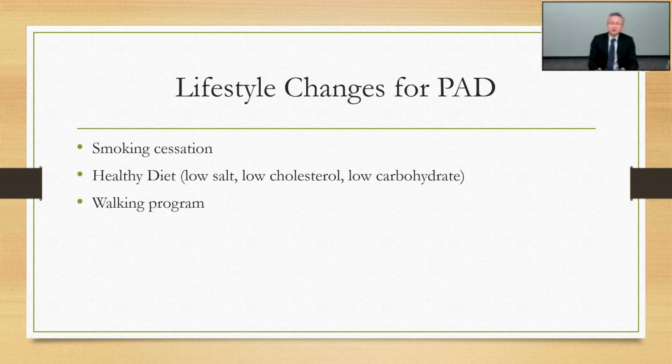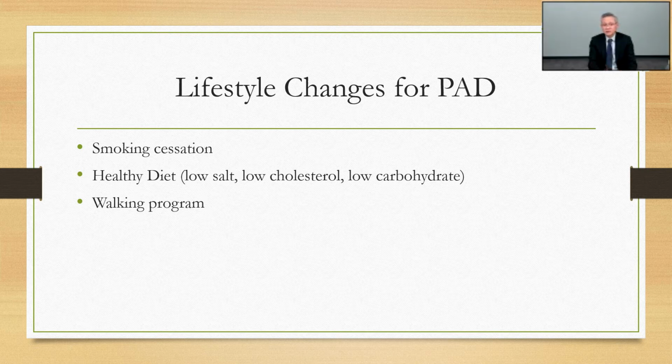Now, lifestyle changes mainly address the risk factors, all right? The most modifiable risk factor we spoke about is smoking. So smoking cessation is something that can be done, and there are multiple support systems that can help you achieve the goal.